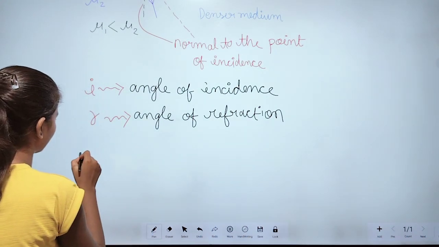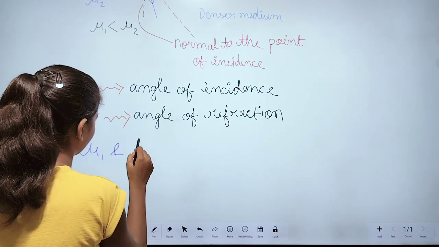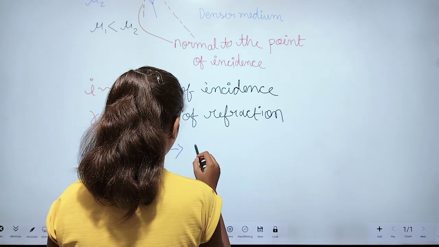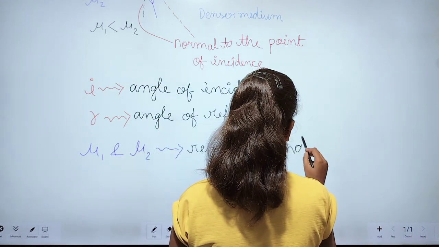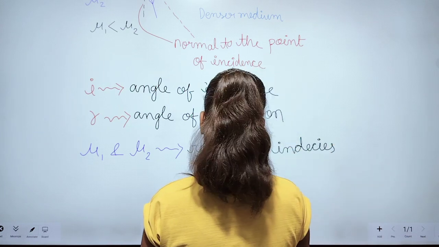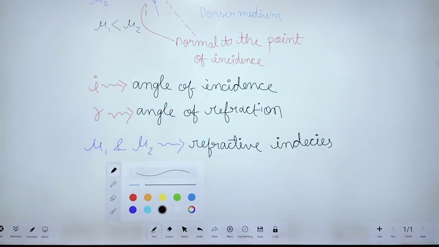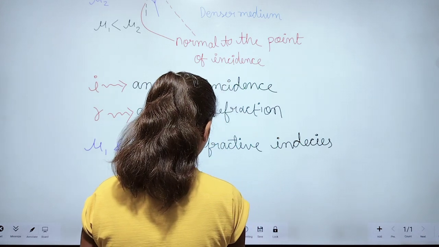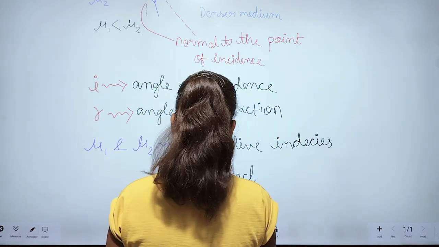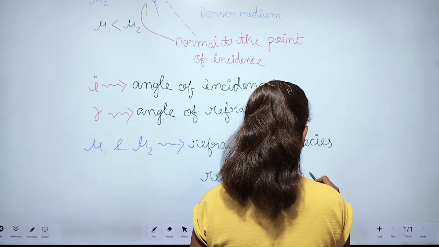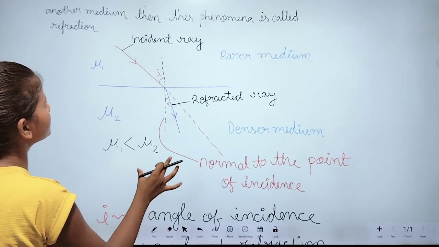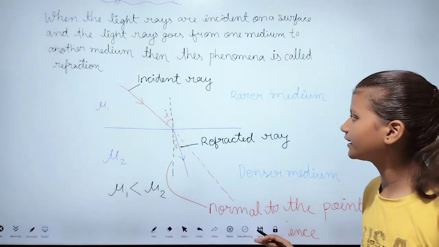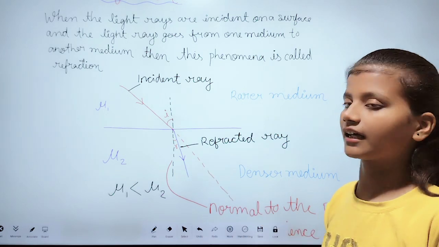So here mu1 and mu2 are our refractive indices, and I is our angle of incidence and R is our angle of refraction.